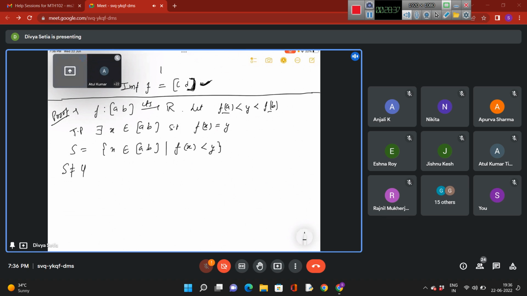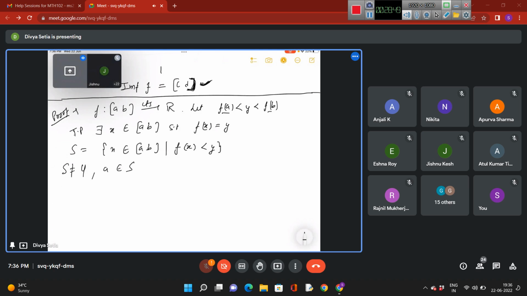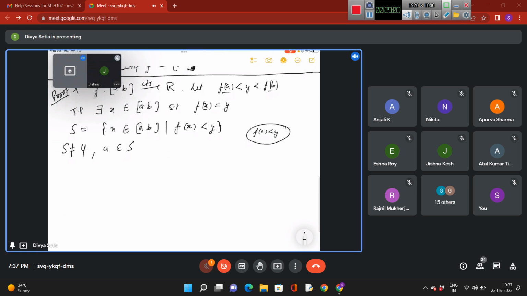You have to tell me one candidate for the set. Why is it non-empty? a belongs to this set, not f of a. a belongs to this set S because f of a is less than y. The image of a is less than y, so this set is non-empty.